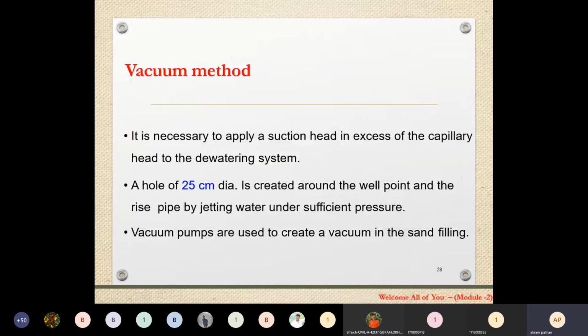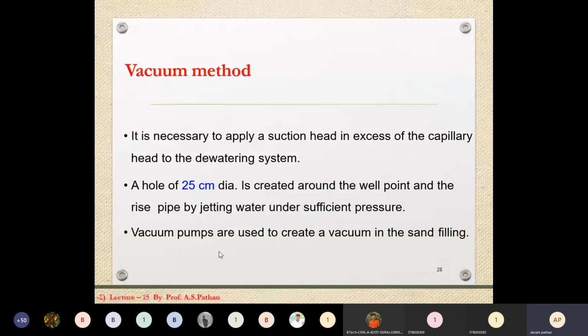So it is necessary to apply a suction head in excess of capillary head to the dewatering system. Generally in case of the vacuum method, a hole of 25 centimeter diameter is created around the well point and the riser pipe by jetting water under sufficient pressure. Then vacuum pumps are used to create a vacuum in the sand filling.